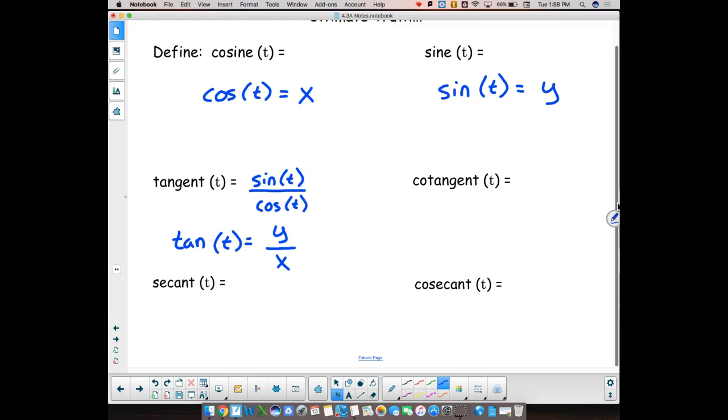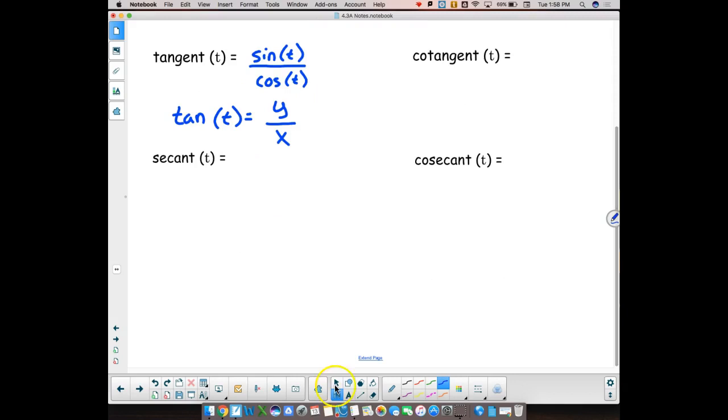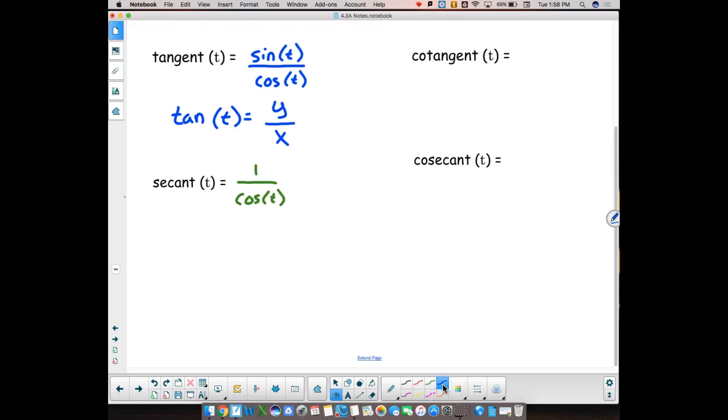Secant is equal to 1 over the cosine of t, which is the inverse of cosine, which is also the reciprocal of cosine. So if cosine is equal to x, then the secant, which we write as sec, is equal to 1 over x.